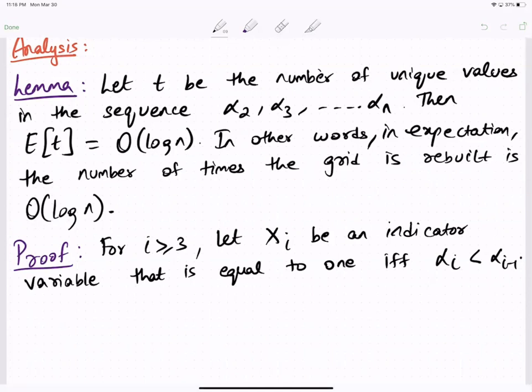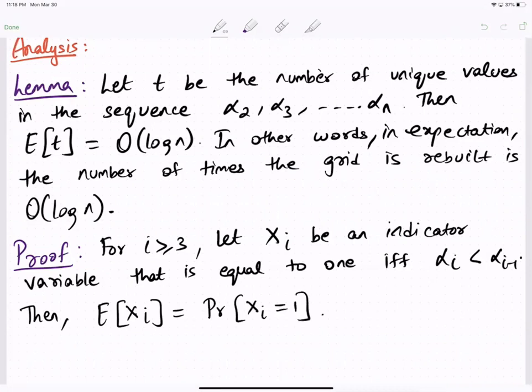It means whenever a grid has to be rebuilt, then this condition will happen. Then we'll set xi equal to 1. Right? So by definition of the indicator random variable, expected value of xi is equal to probability of xi equal to 1.